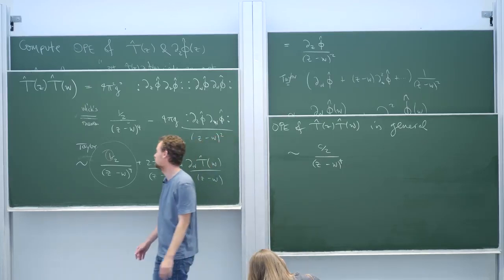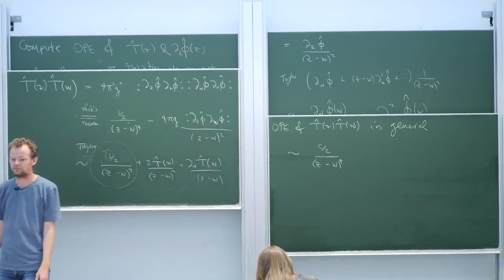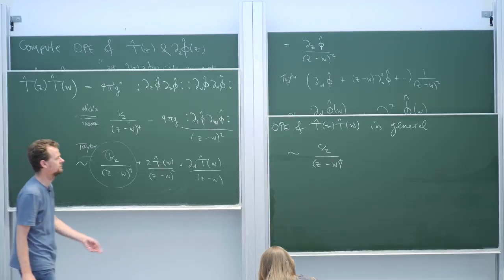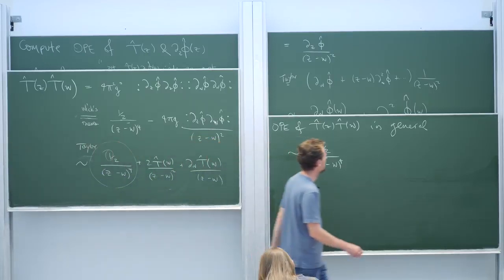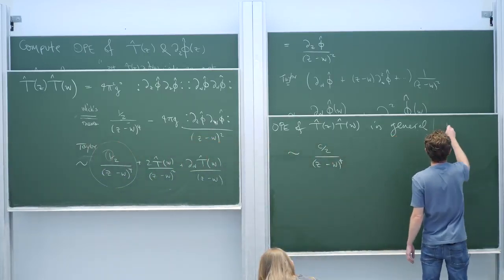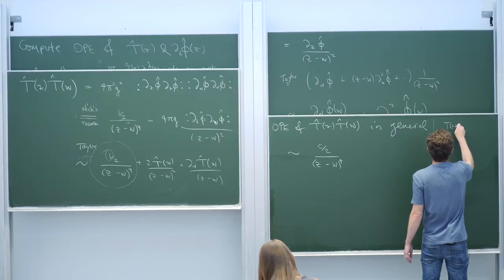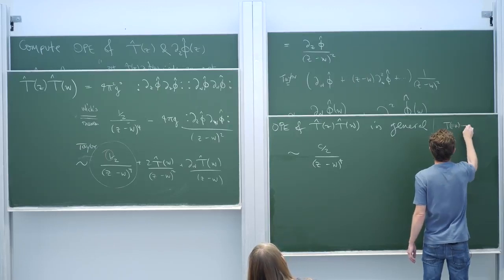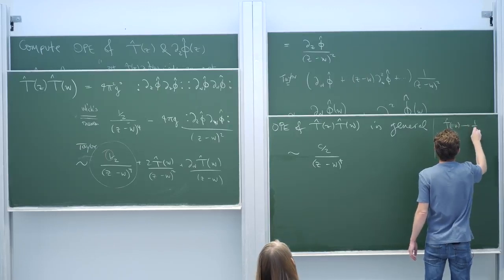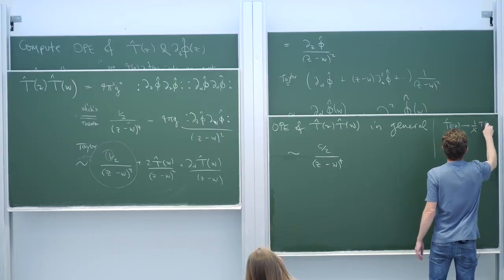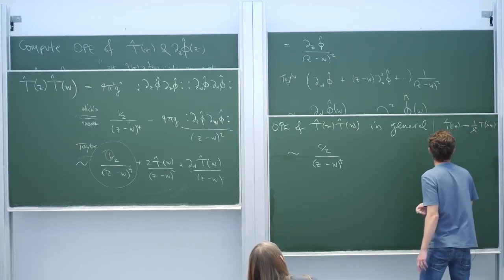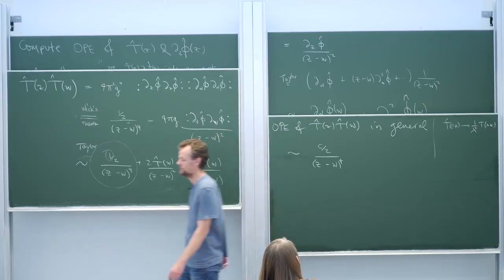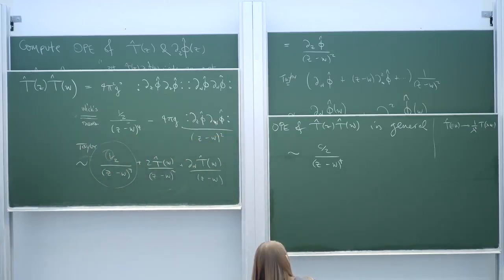That comes from the fact that the stress energy tensor is a tensor of rank 2. So under dilations, the stress energy tensor transforms like that because it's just a tensor of rank 2.